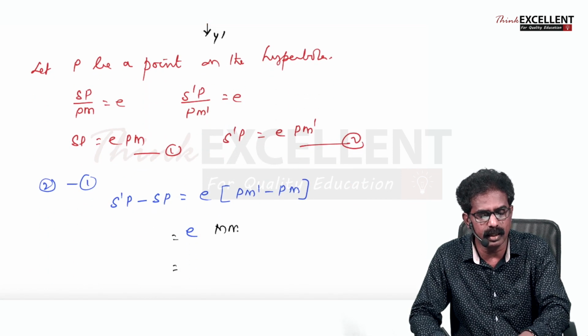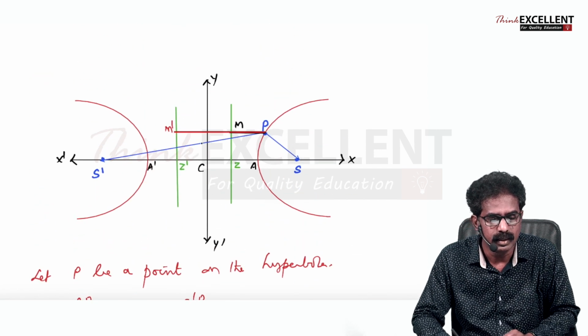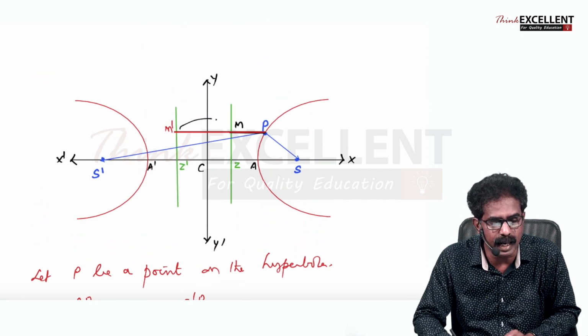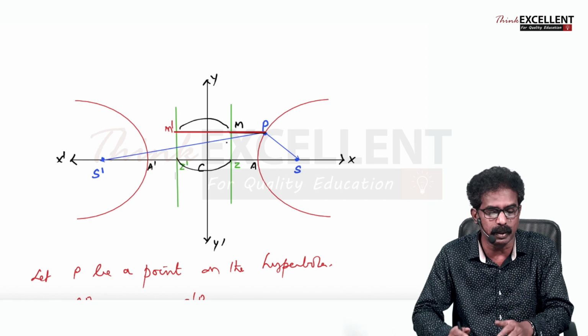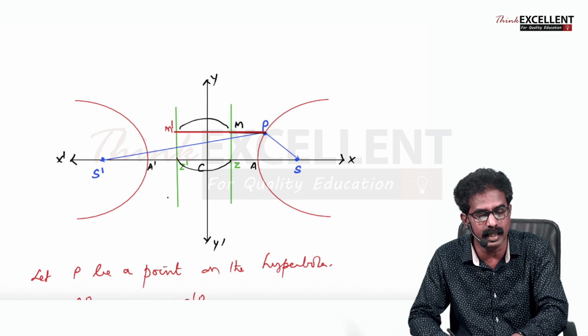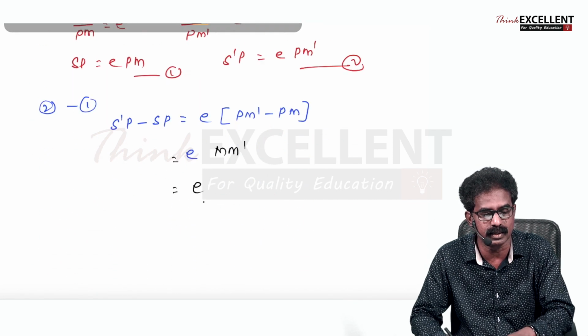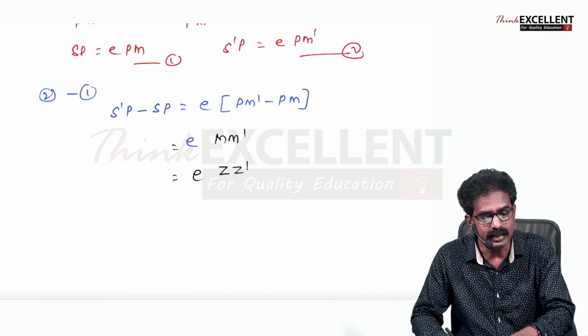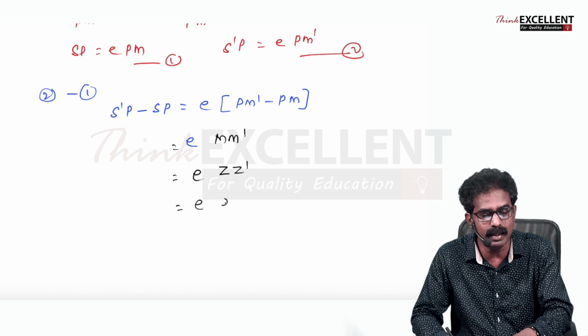Again see the diagram: E into MM dash. This MM dash is the same as ZZ dash, because both lengths are between two perpendicular lines, right? So MM dash can be written as ZZ dash, and ZZ dash can be written as 2 times CZ.